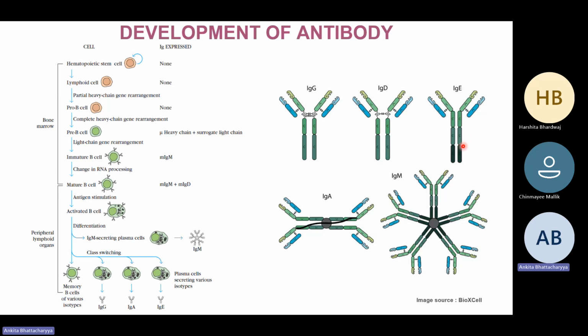Also, you need to make sure that you can see the difference between each of the antibody subtypes, either in terms of the number of disulfide bonds present, or, for example, when we talk about IgM, the fact that there are 5 antibodies together forming that pentameric structure.